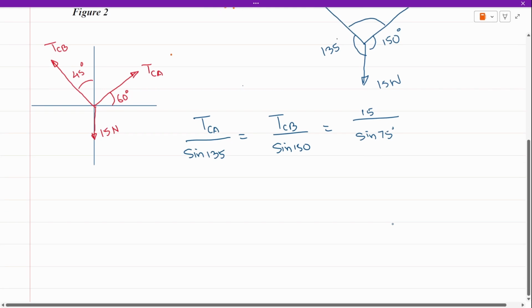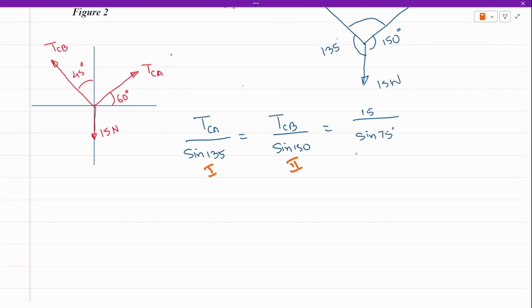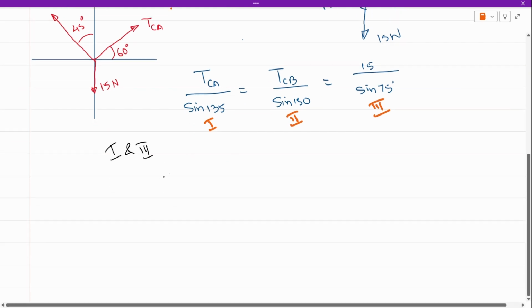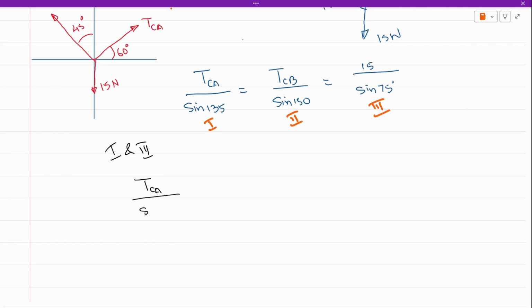So we will consider this as equation number 1, equation number 2, and equation number 3. So let us equate 1 and 3. We equate 1 and 3, we will get TCA divided by sine 135 is equal to 15 by sine 75.